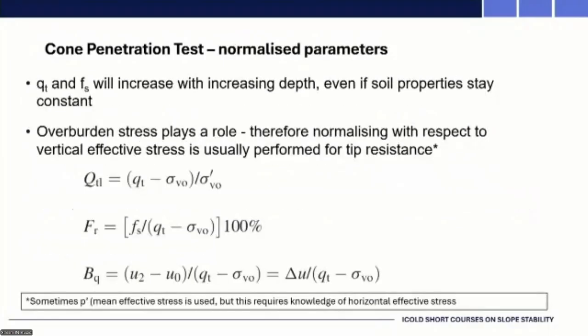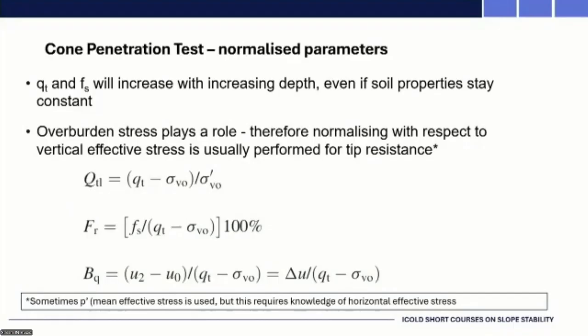So here we go. These are the ones that Louis was using. You've got the normalized tip resistance. There you use the corrected value of the actual measured tip resistance minus the total vertical stress divided by the effective vertical stress. Sometimes people work in terms of mean stresses, but we then need to know what K0 is, which is another whole dilemma. So let's stick to the vertical effective stress.